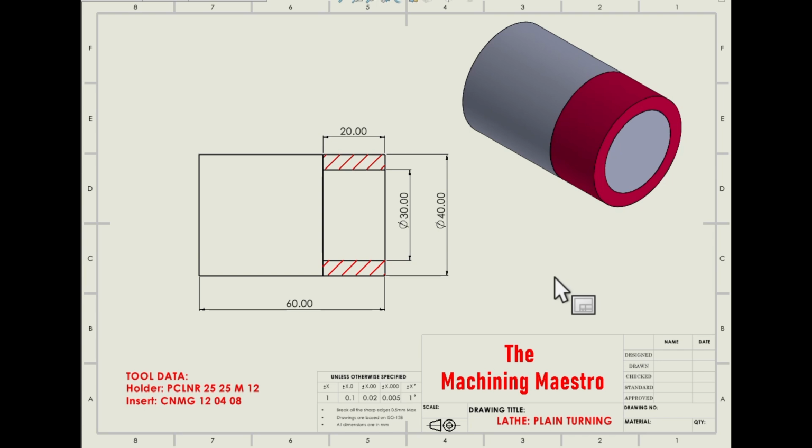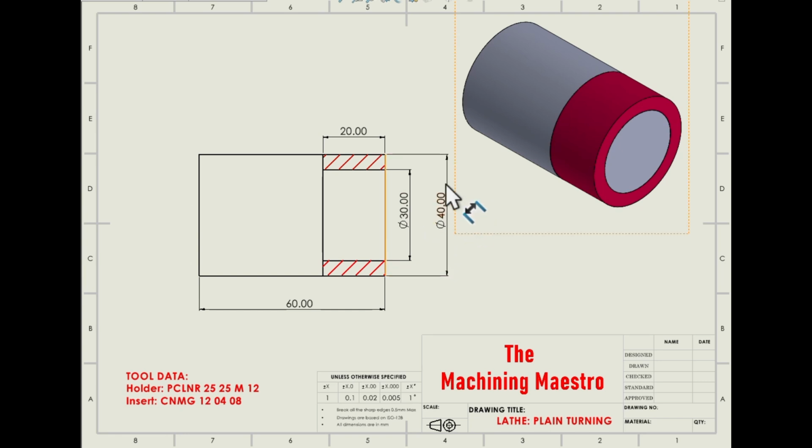From this model, you can get some idea that the red highlighted portion is going to be removed, and hence the diameter of the raw material will be reduced to some length. And when you come to the orthogonal view of this model, this red hatching portion is the amount of material going to be removed.